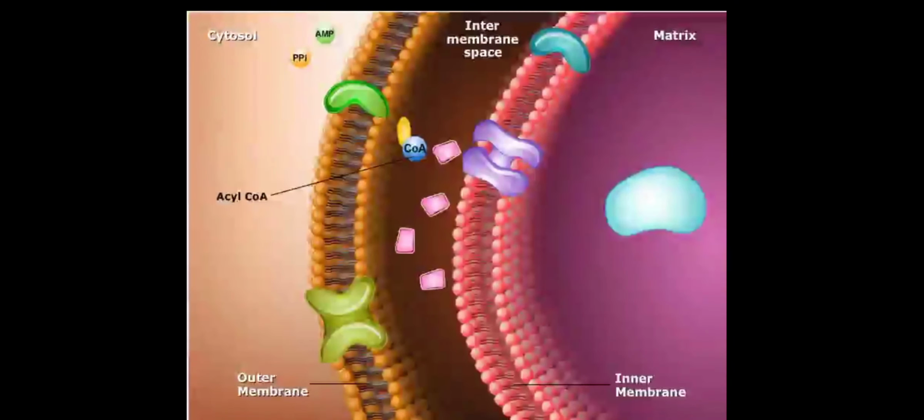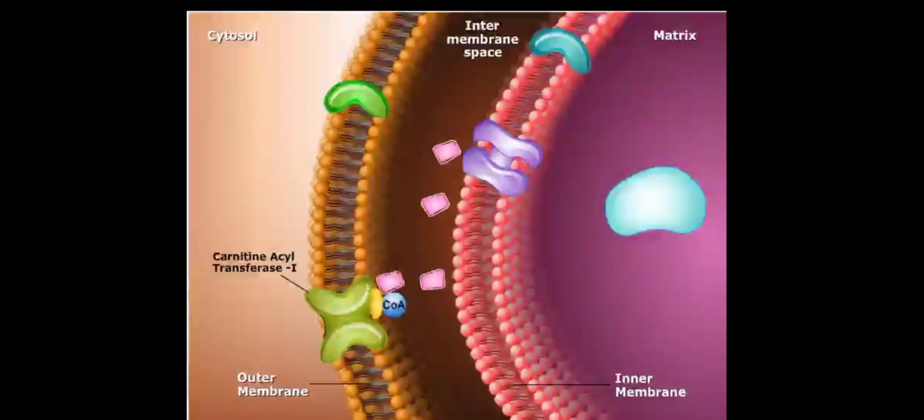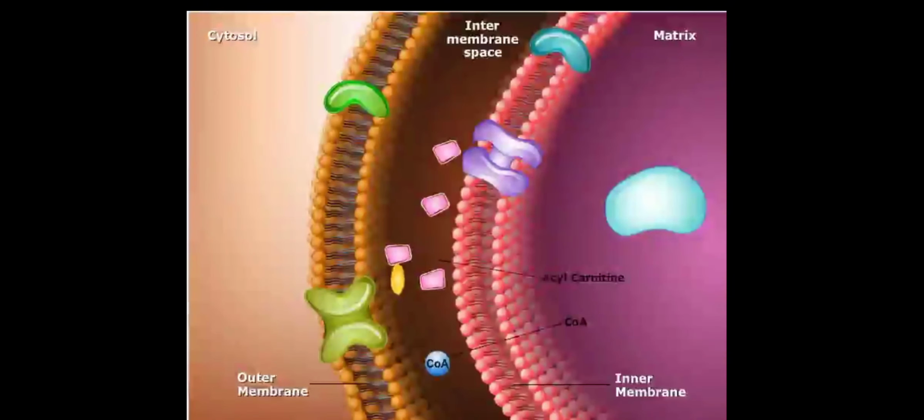Acyl-CoA then crosses the outer membrane to the intermembrane space. Here, carnitine acyltransferase 1, located on the outer mitochondrial membrane, facilitates the exchange of carnitine with the coenzyme A of acyl-CoA, thus yielding acylcarnitine and coenzyme A.